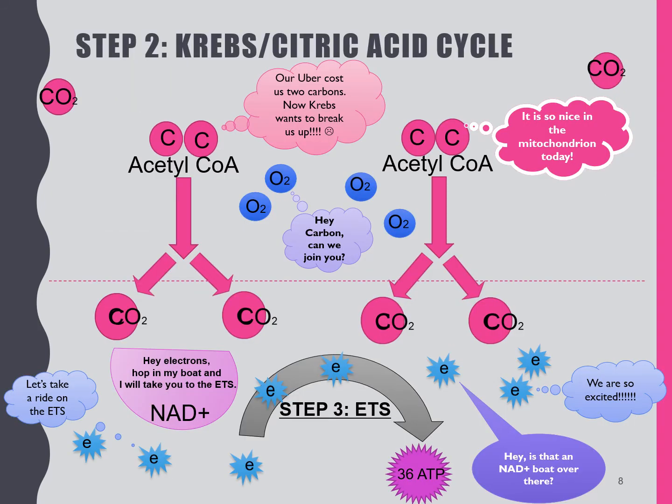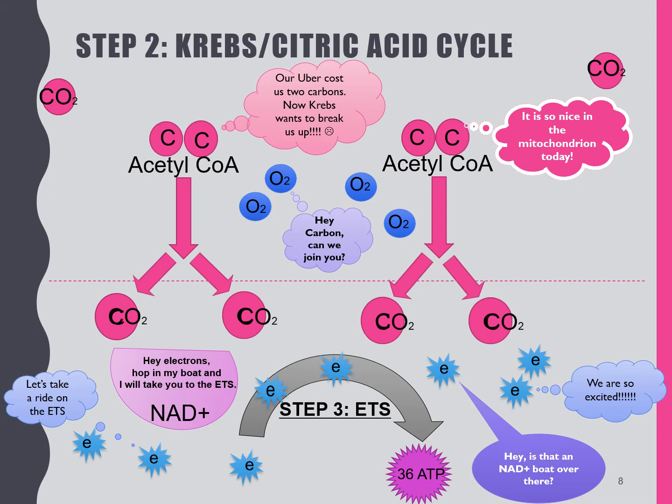Okay, so here we are. The Uber ride with the coenzyme A cost each of these molecules a carbon, and now we're using oxygen. Okay, we're in the mitochondria. We're getting ready to make some energy for our cells. This is the start of that citric acid cycle, step 2, if you will, or the Krebs cycle.